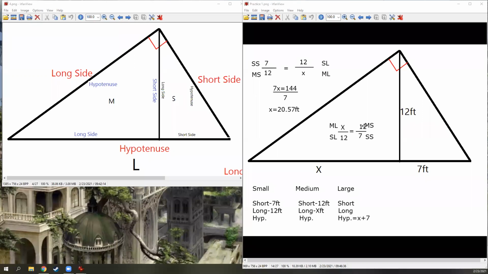So if you set it all up correctly, you're going to get the exact same thing that we got up here, because you're going to cross multiply and do 7 times x, get the equal sign, 12 times 12. 7x equals 144. You set the ratio up the correct way, following those little rules, this triangle over this one, this side over this side, then you're set.